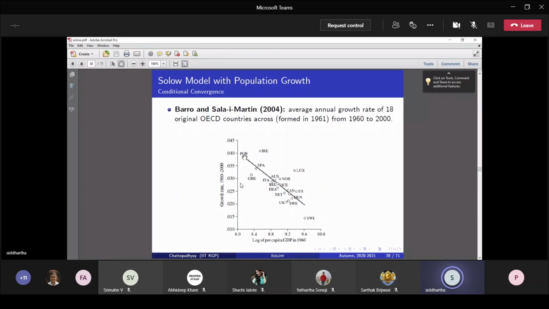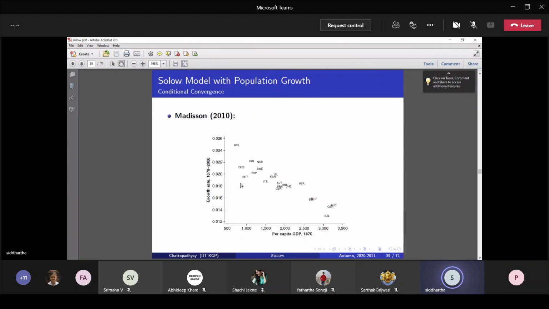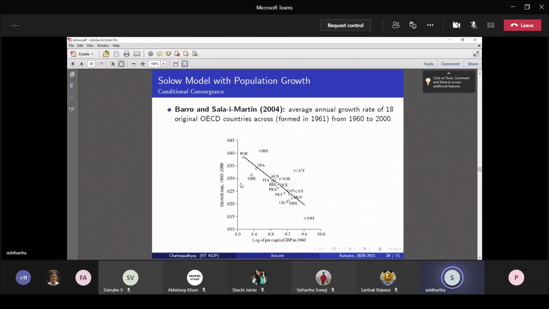There are one or two outliers here and there, so we can actually ignore them. But otherwise, it's a completely negatively sloped trend line. I'll come to that also. So this particular figure is in line with the prediction of the Solow model: a smaller number of countries, but similar countries, similar in the sense that they're all developed countries.